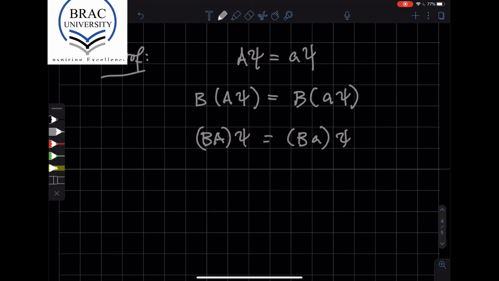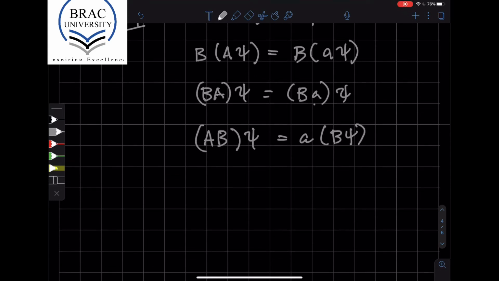But B and A commute, that's the assumption. So that can be written as A times B acting on psi. And small a is just a number, so of course it will commute with B. So I can write this as A times B of psi, which is equal to a times B of psi.